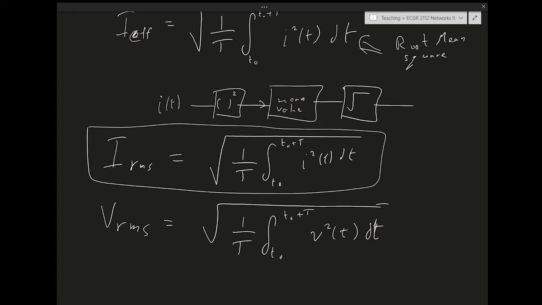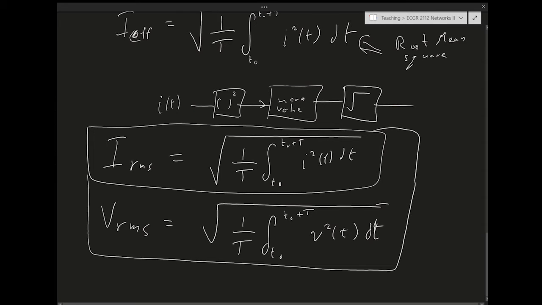Okay, so those are the two general formulas for effective currents and voltages, and what's also called the RMS value.